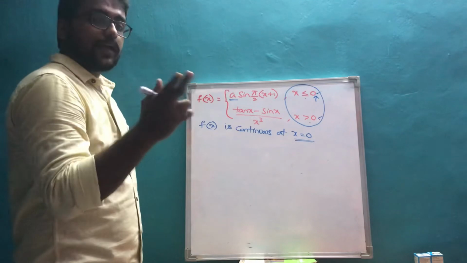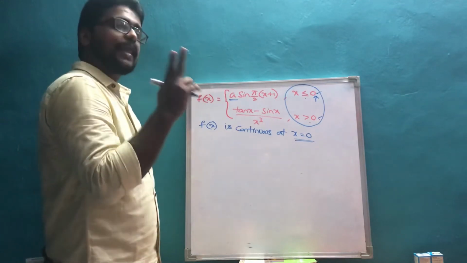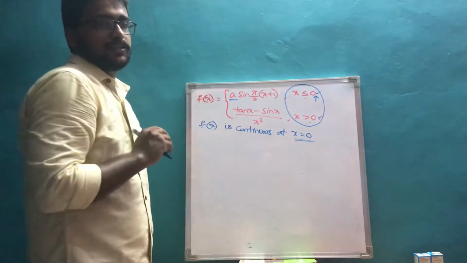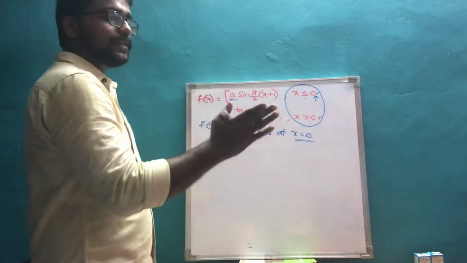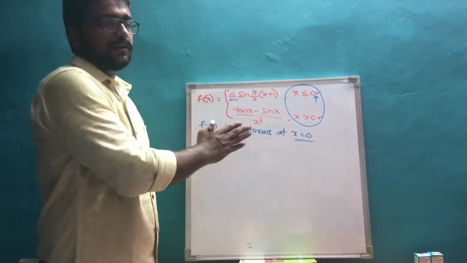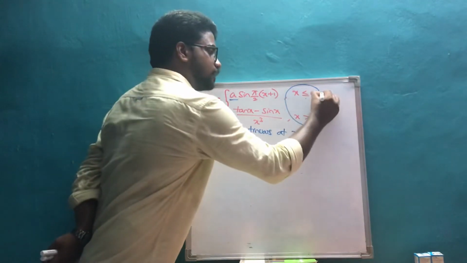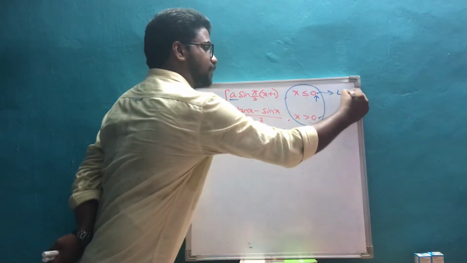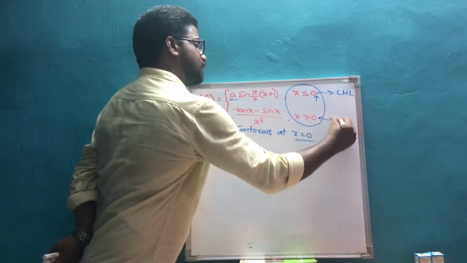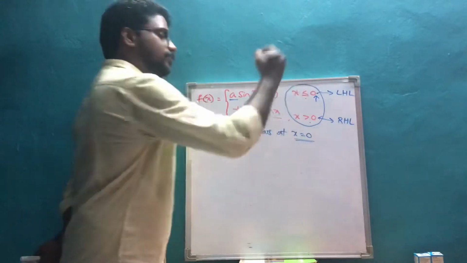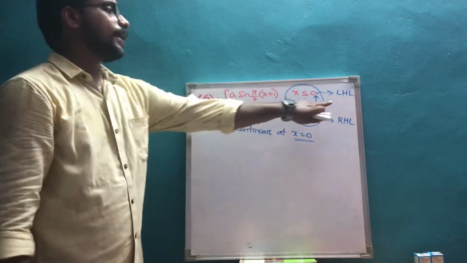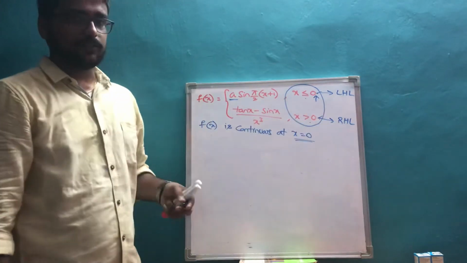The second thing is to identify what is the LHL function and what is the RHL function. We know that LHL will be towards the left side of that number, RHL towards the right side. So you can observe here, this less than symbol represents the left side of 0 and this greater than symbol represents the right hand side of 0. So this is my LHL function and this is my RHL function.